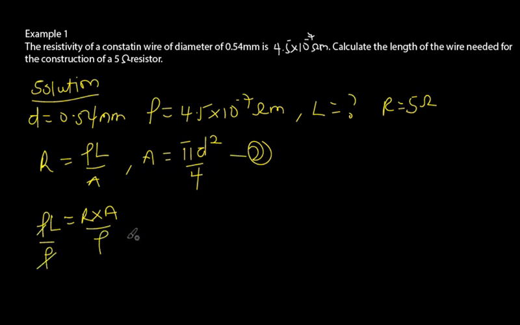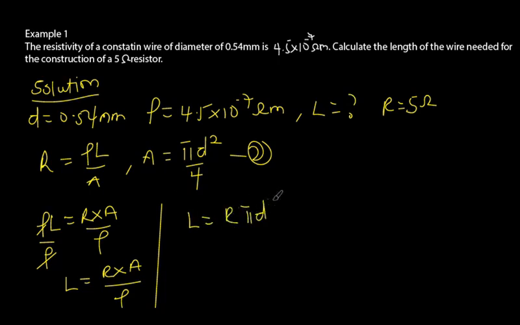So we get our length to be equal to resistance times area all over resistivity. But then from here we know our area is pi d square over 4. So our length is equal to resistance, then pi d squared all over 4 times the resistivity, if you do the substitution very well. This is what you will get. So from here we can straight away get our length.